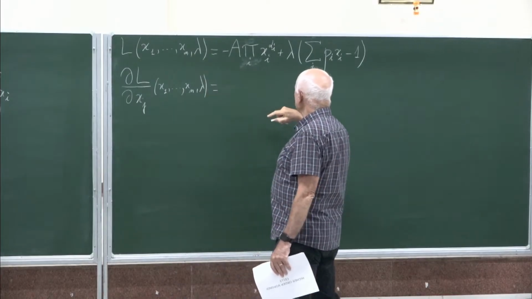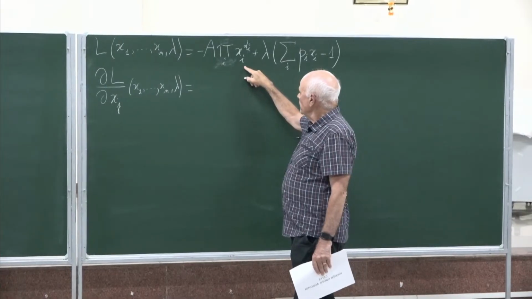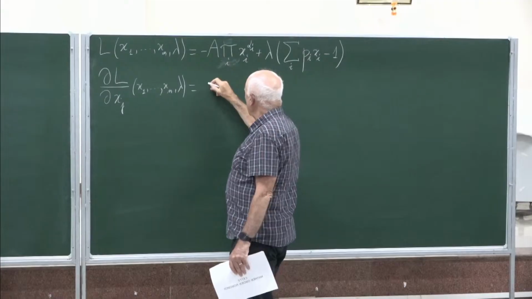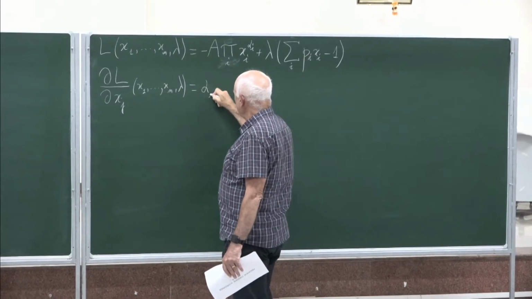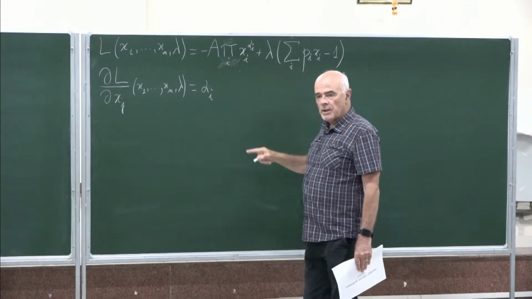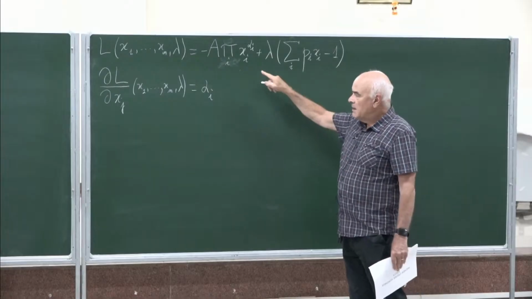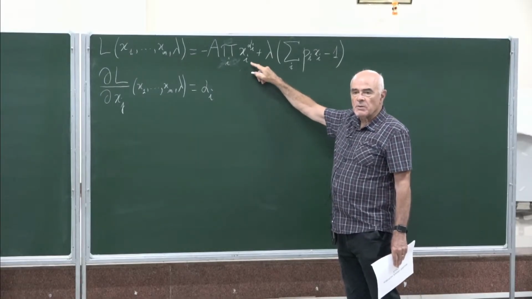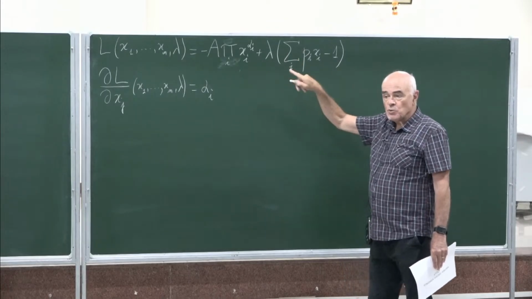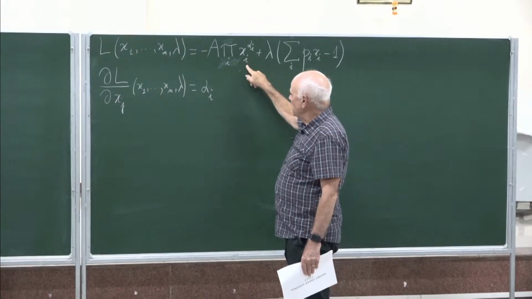If we take derivatives here, then for the jth factor we will get alpha j, and then x_j to the power alpha j minus 1. I keep x_j to the power alpha j in this factor, then the minus 1 implies that we have to divide by x_j.